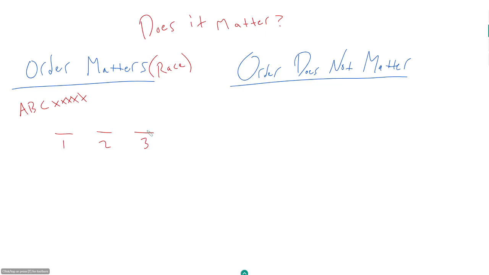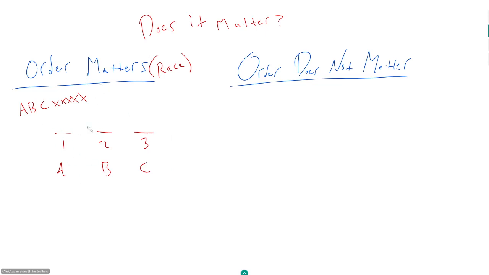And so let's talk about some examples. One example is I can have A finish first, B finish second, and C finish third. And so I would want to include that in my possible combinations. What's another combination?